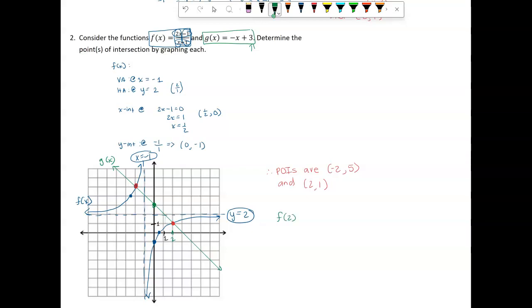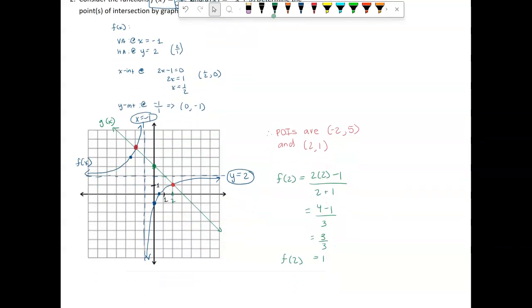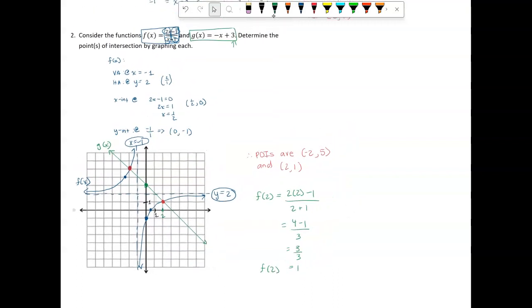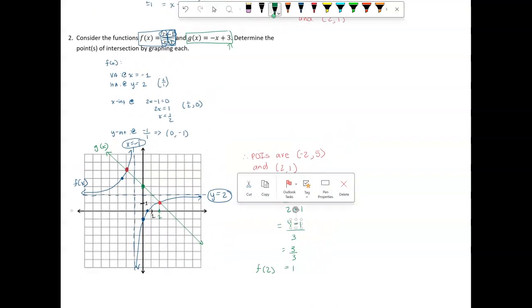If I plug 2 into my rational equation, I'll have 2 times 2 minus 1 all over 2 plus 1. So I have 4 minus 1 over 3. Well, that's 3 over 3, which is equal to 1. So I know that the rational function f at 2 happens at 2, 1, which is exactly where the green or linear function happened as well. So I just verified it again quickly to see if it actually met at that point.